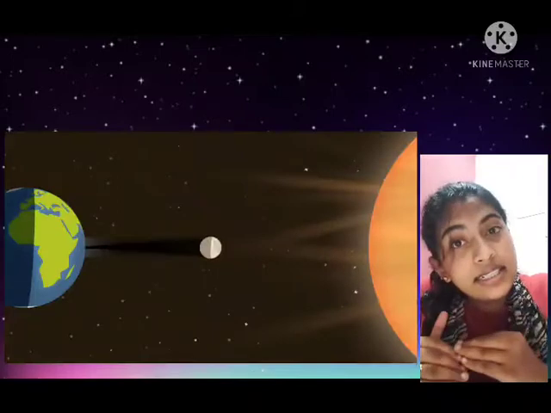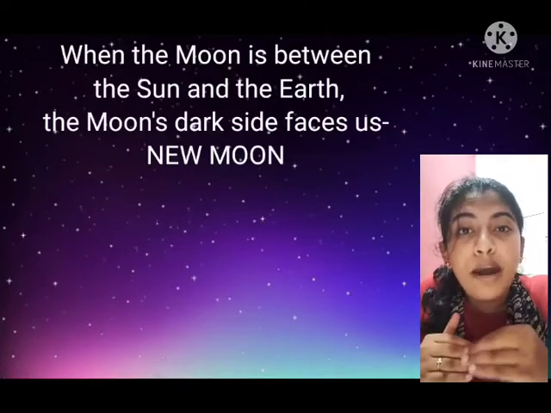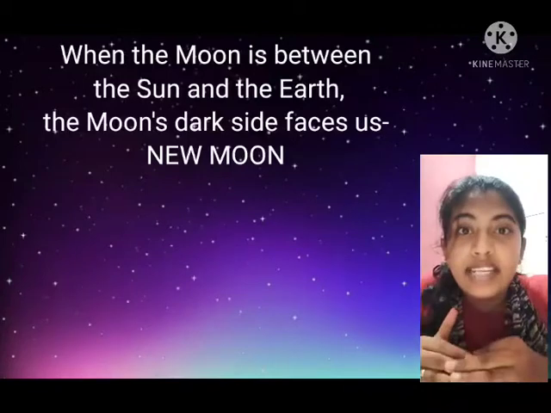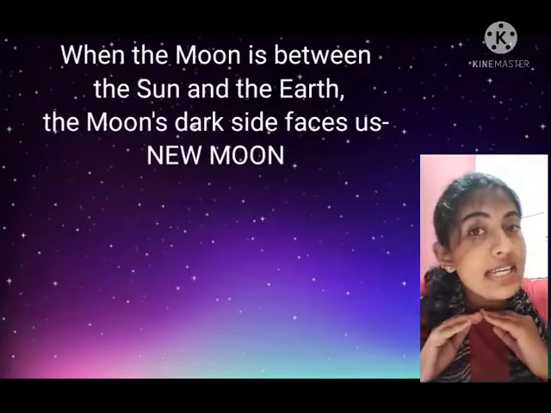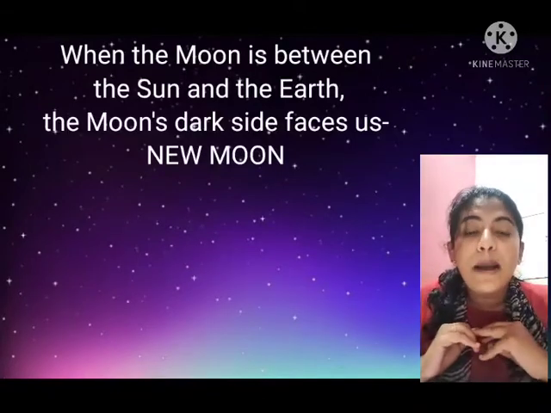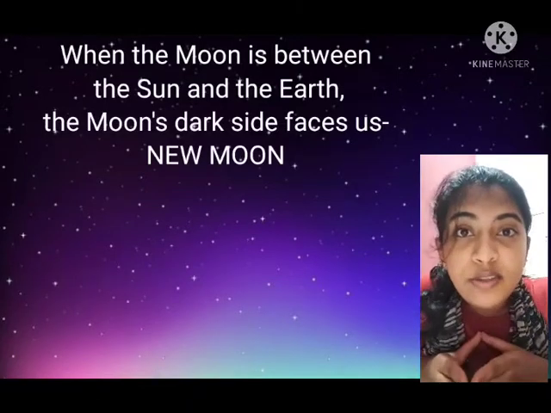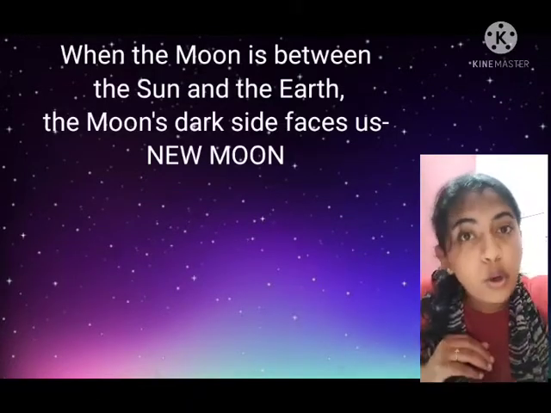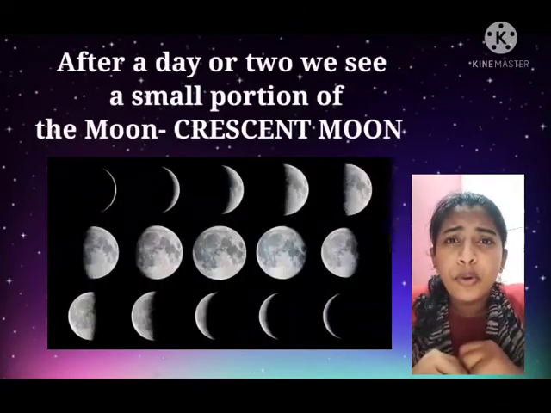While revolving, when the moon comes between the earth and the sun, from the earth we can only see the part of the moon which doesn't get light from the sun, so it appears dark. That moon is known as the new moon.